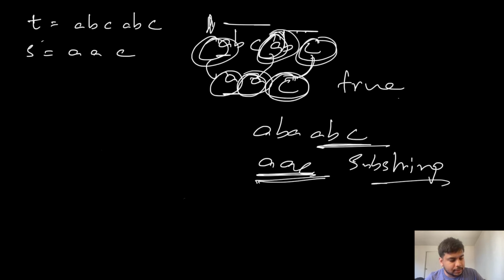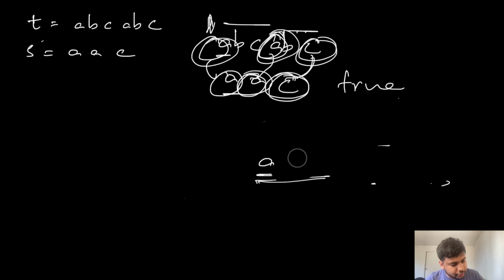But in this case we are finding a subsequence, where only the relative order of the string should be maintained. As we saw, the next A should occur only after the previous A, and C should occur after the previous match. If that relative order is maintained, that's enough in this case.